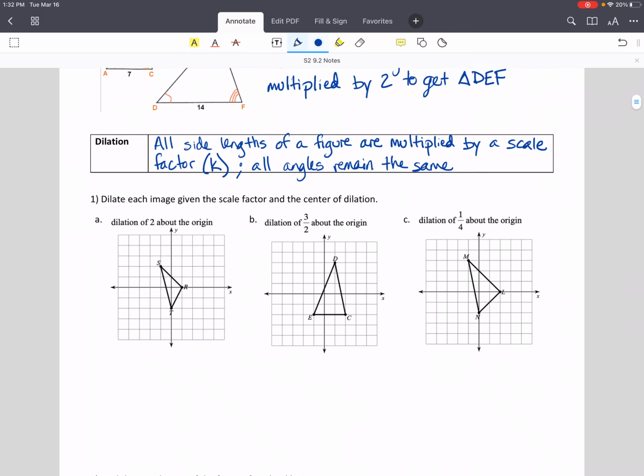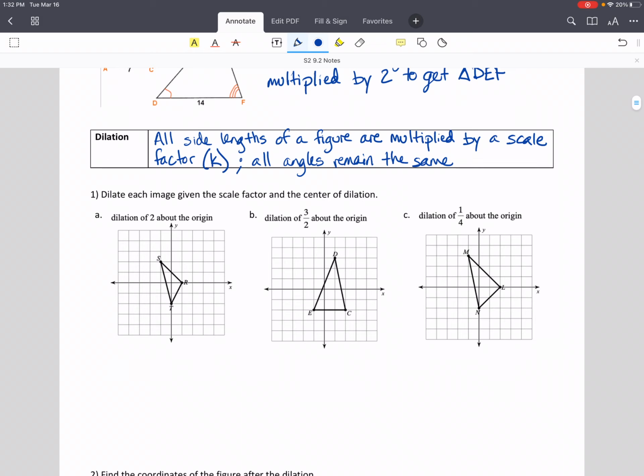So our first question here, we're going to dilate each image given a scale factor and the center of dilation. We're not going to worry too much about the center of dilation, but we are going to worry about how to do it. Here's what you're going to see. We have what's called the pre-image and the image. A pre-image is the coordinates before we do anything to it.